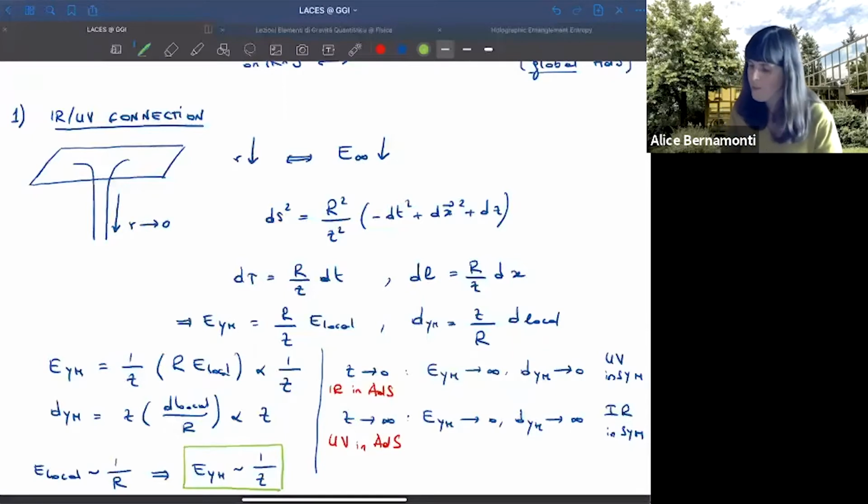And so, as we said, this geometrizes the notion of energy, and evolving in the radial direction also geometrizes the notion of renormalization group flow.